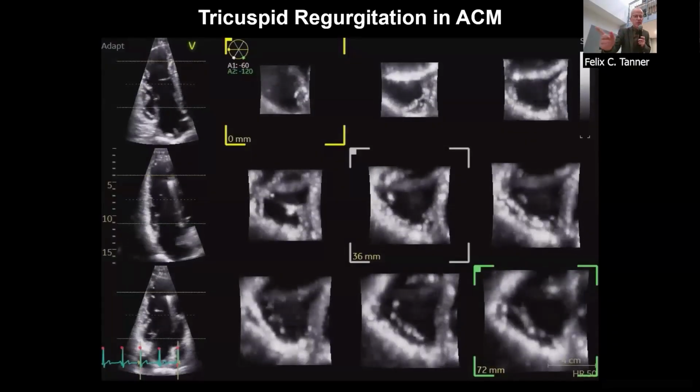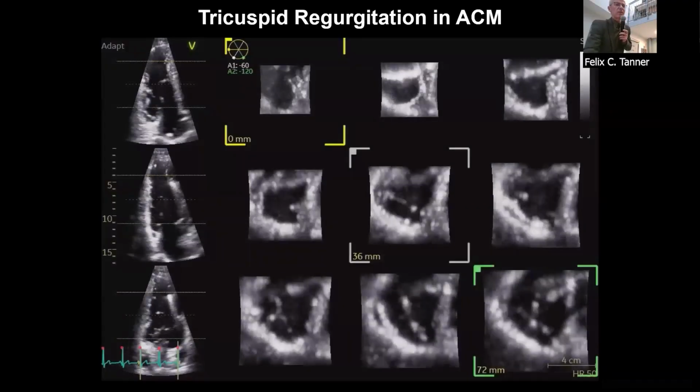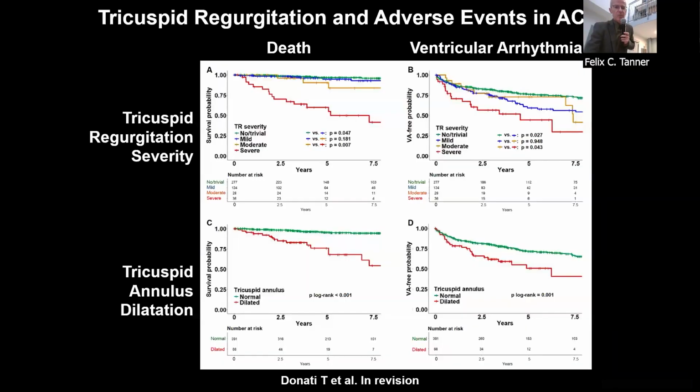So how we assess that, when it is possible, is with 3D. That's the best method, transthoracic 3D, but it's not always possible, this I admit. And now really very interesting data to end up with.